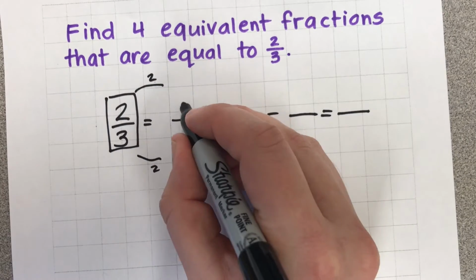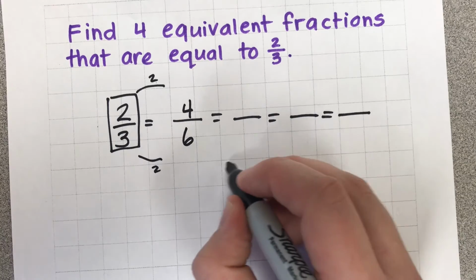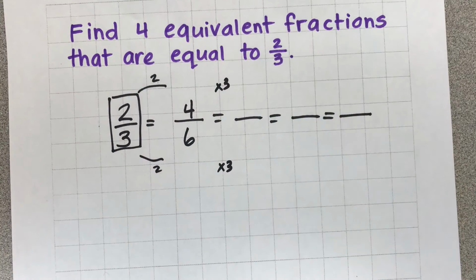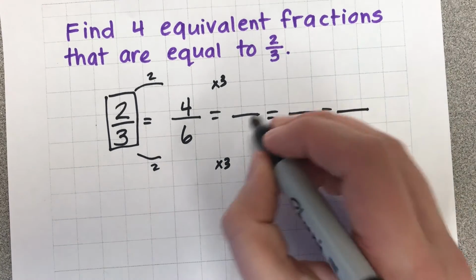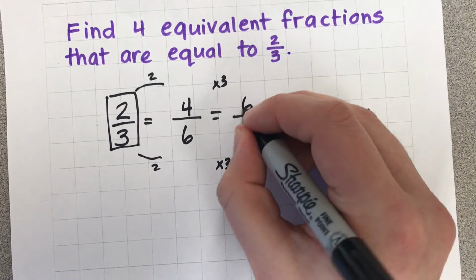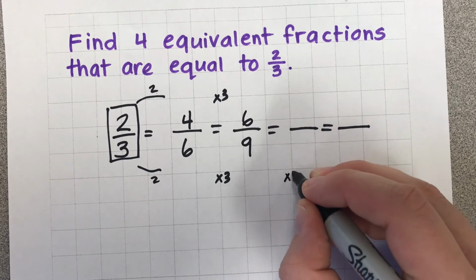2 times 2 is 4, and 3 times 2 is 6. And then I'll go to 3. I'm just going to write the multiplication out here on the side so I keep track of what I'm doing. 3 times 3 is 9, and 2 times 3 is 6. That's an equivalent fraction. For this one, I'll do 4.